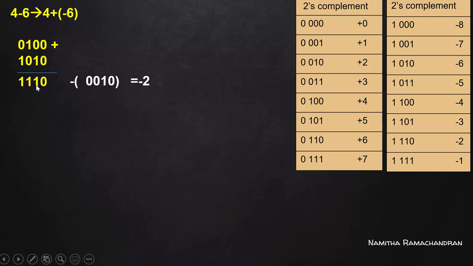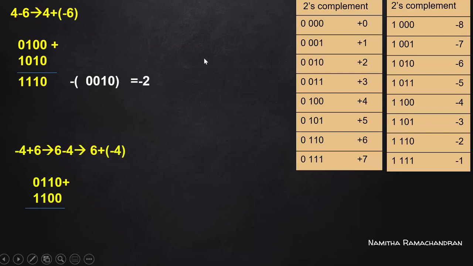Write the bits up to this 1 as they are, and complement the remaining bits after the first 1. So these two ones become 0, 0. This is minus 0010, whose value is actually 2. So the result is minus 2.